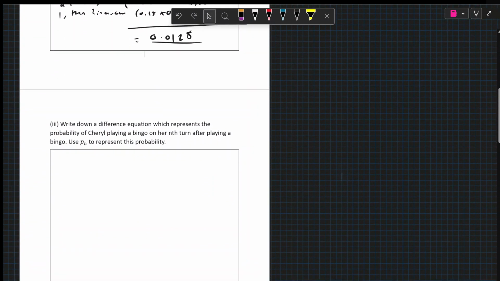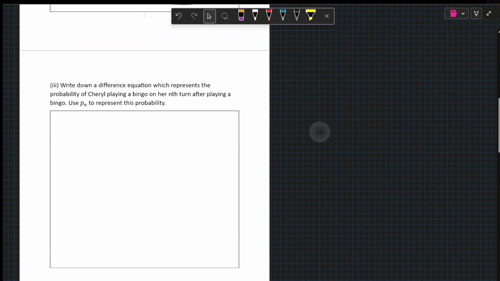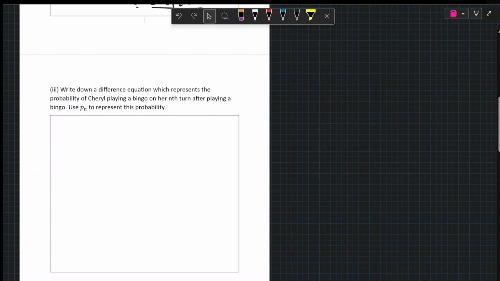So write down a difference equation which represents the probability of Cheryl playing a bingo on her nth turn after playing a bingo. Use Pn to represent this probability. Okay, so either two things can happen. Either it's the probability of getting a bingo and then getting a bingo again, or the probability of missing and then getting a bingo on the next turn. So after a certain amount of bingos, she'll have Pn as that probability times by getting a bingo again.